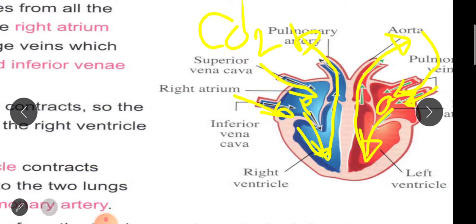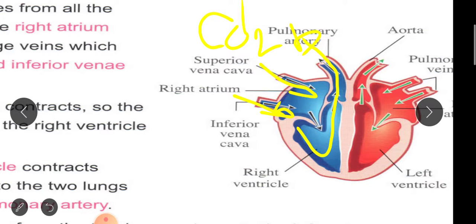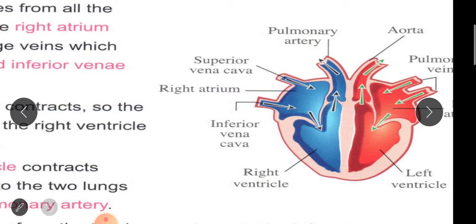So let's say it again. Let's remember, in the right side of the heart we have deoxygenated blood, and in the left side we have oxygenated blood. So again, the blood collects the carbon dioxide from all our body, and then it will enter the heart through the superior and inferior vena cava.